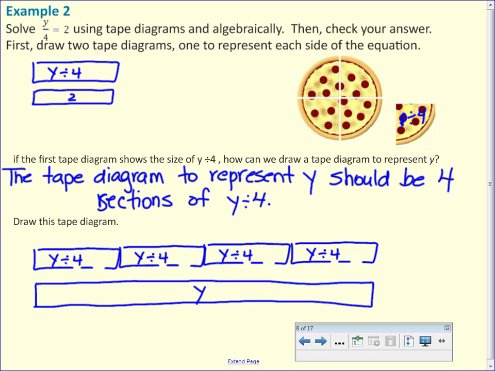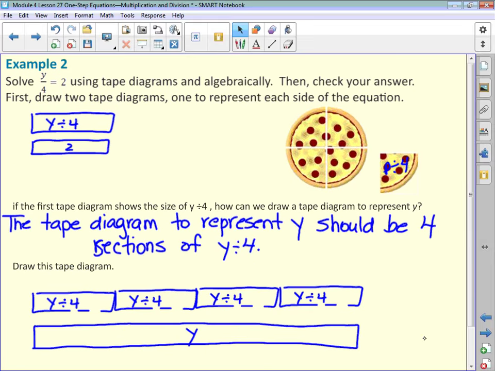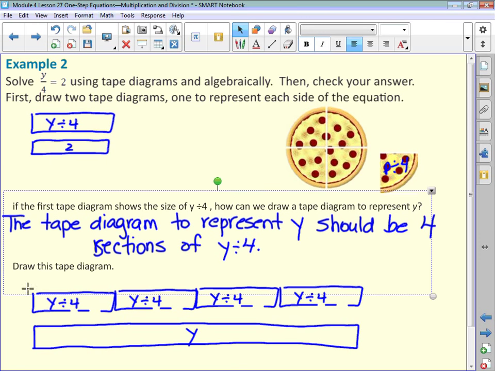Now, how can we use this? Let's use this tape diagram. Let's take a picture of it. See if it worked. It didn't work. I'm trying to get all fancy. Now it's not working. Uh-oh.